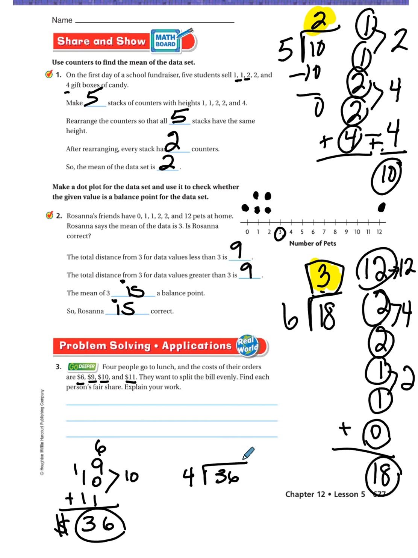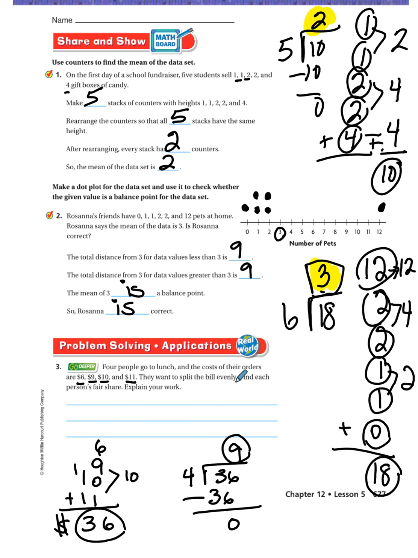4 goes into 36. Times 4, 16, 8. No, 9, actually. Okay, thought I lost it. Okay, so 4 goes into 36 9 times. 9 times 4 is 36. And then you get 0 remaining.